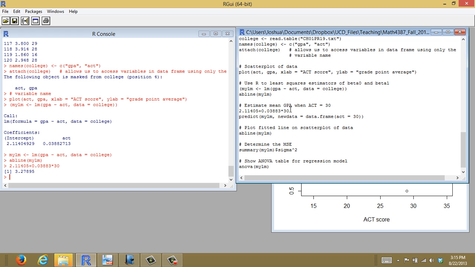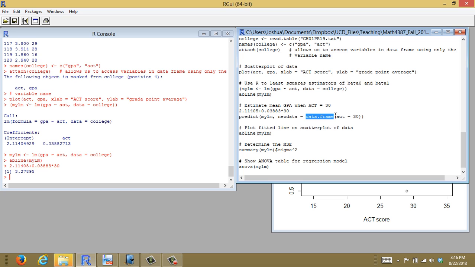I can just use R as a calculator to calculate that. Or a better way of doing it, though it's a little more complicated, is to use the predict function. The predict function takes the linear model object, which I've called my lm, then I have to specify the data value I want to use to make my prediction. In this case, the new data I want to make a prediction at is when ACT is equal to 30. So I have to create a data frame, which we haven't talked about yet. This is just showing you how we're going to do these things.